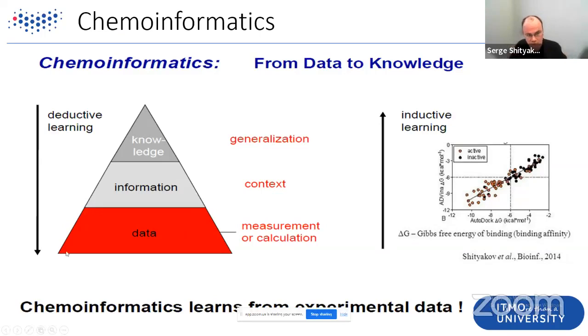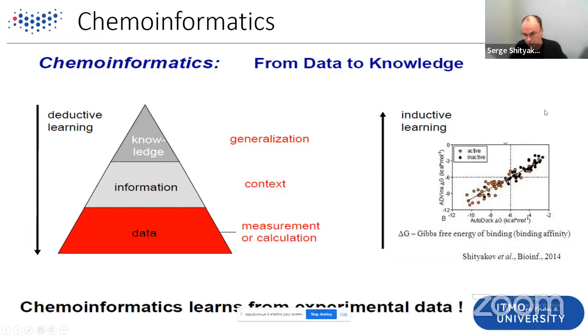You can represent it using a triangle, where the top is the knowledge and the bottom is the data, and they interact with each other by means of information. When you're going down, it means you have deductive learning, and when you're going up, it's some kind of inductive model. These strategies are widely used in chemoinformatics, and actually in science too.